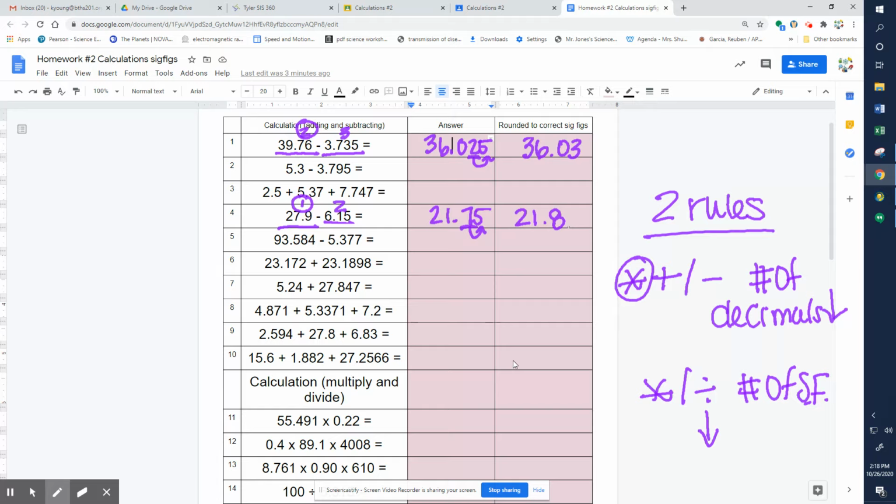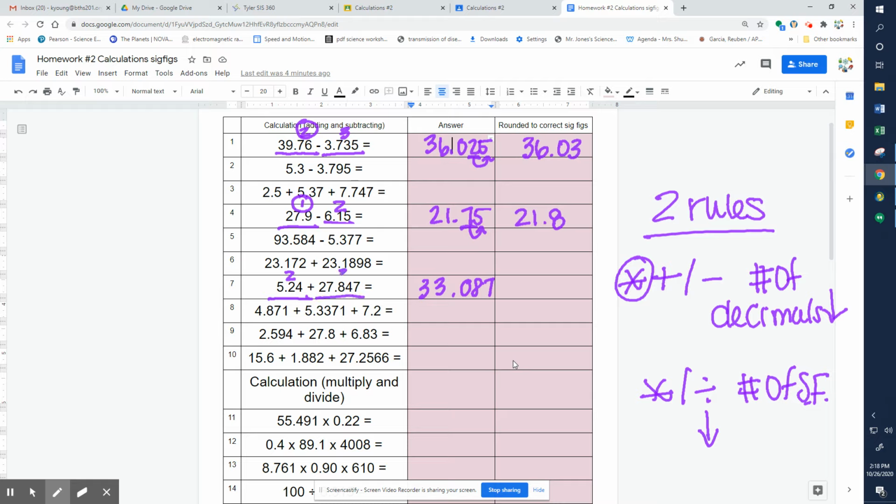We're going to do one more. Number 7, 5.24 plus 27.847. When I enter that into my calculator, I get 33.087. My first number has 2 decimal places.